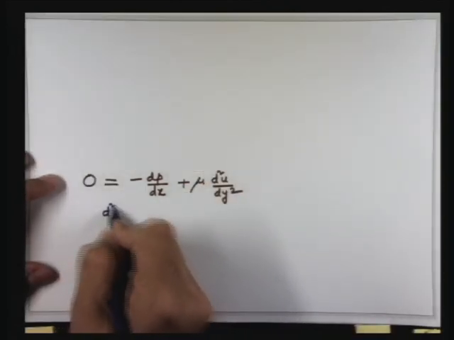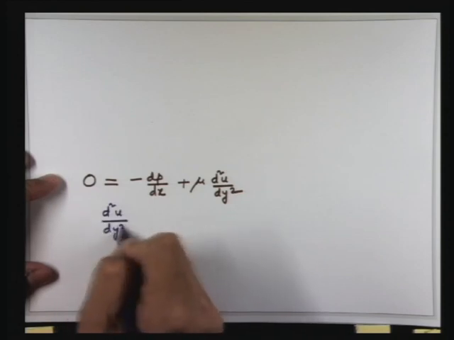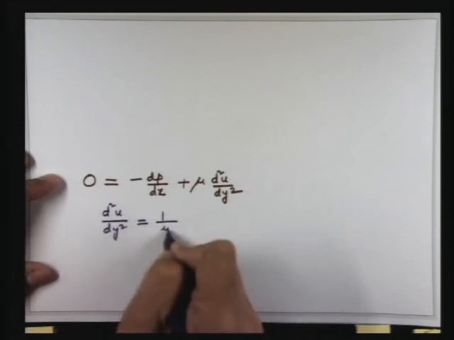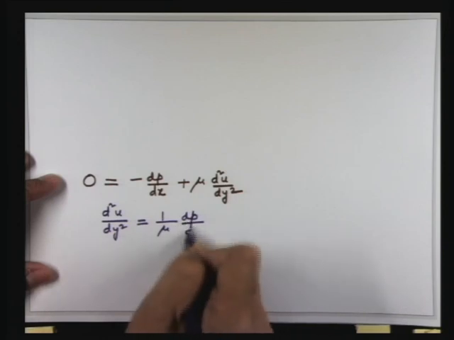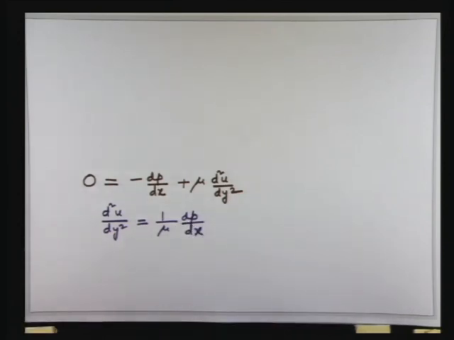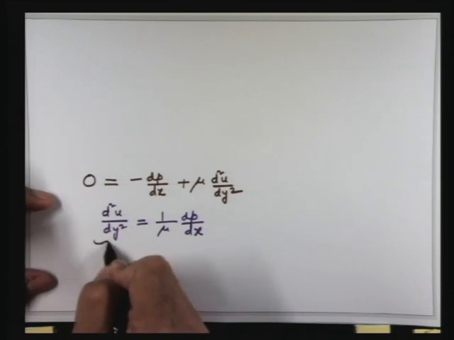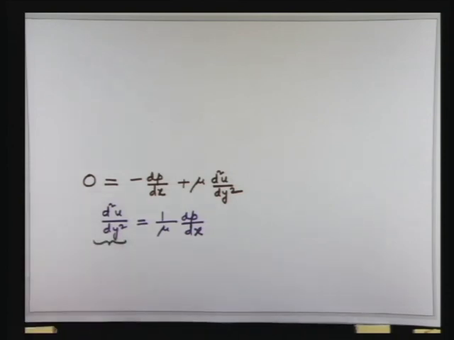So d2u dy2 is equal to 1 by mu dP dx. This is a function of what, x or y?